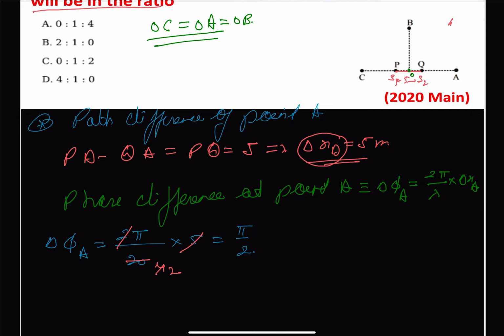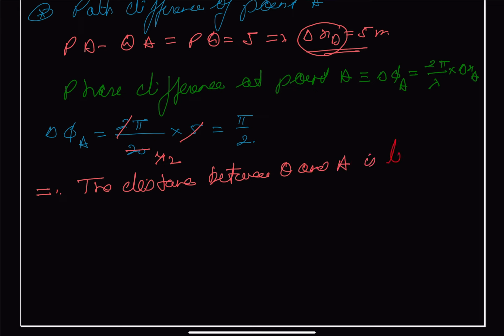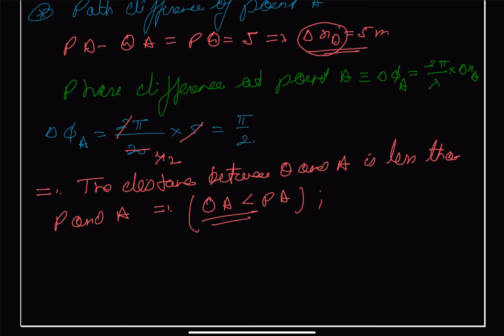Therefore, we can say that the distance between Q and A is less than P and A. So from here we can say that our QA is less than our PA, and the phase difference, we just found out, is pi by 2.